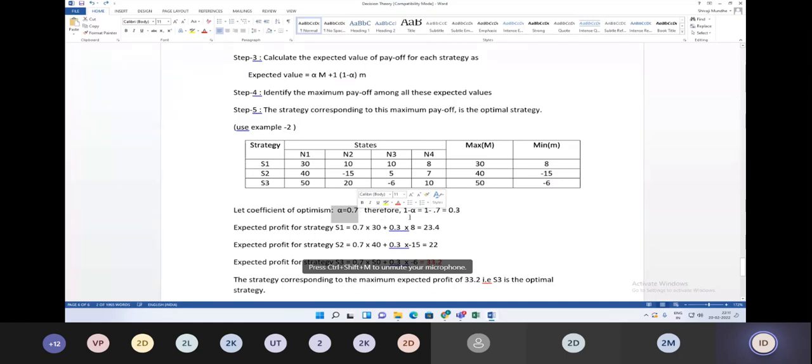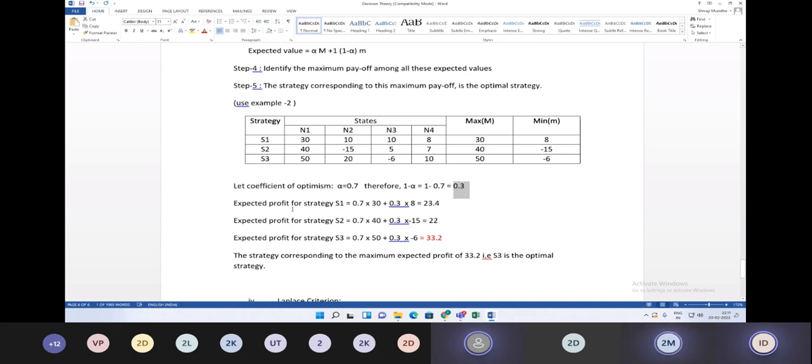Therefore, 1 minus alpha is equal to 1 minus 0.7, which is 0.3. You understand? Alpha is 0.7 and 1 minus alpha is 0.3. Do you agree? Yes, sir.